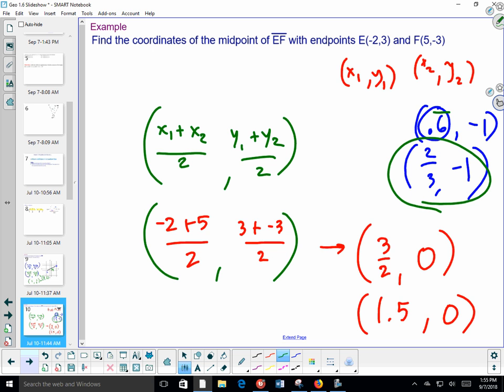How do you graph the fraction? You mean plot it on a coordinate plane? If you're going to graph this one, you're going over 1.5. How would you graph 2/3? I just go over 2/3 of the way between 0 and 1. Okay, let's move on.